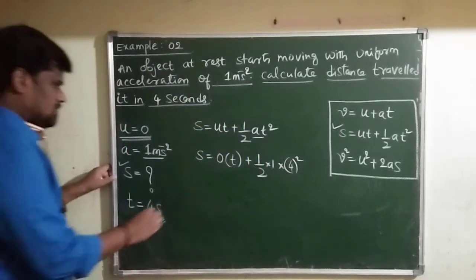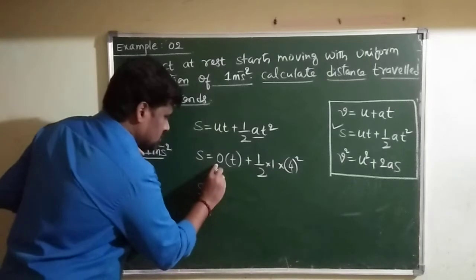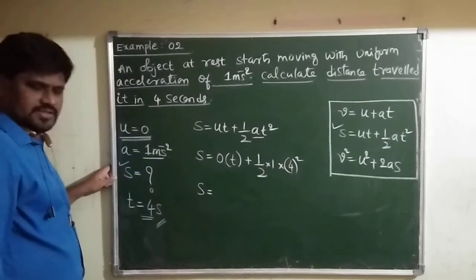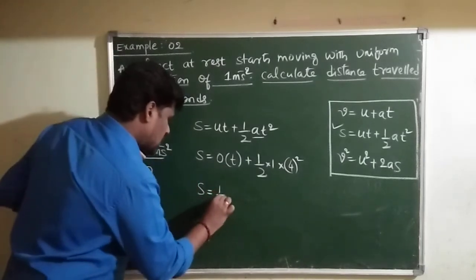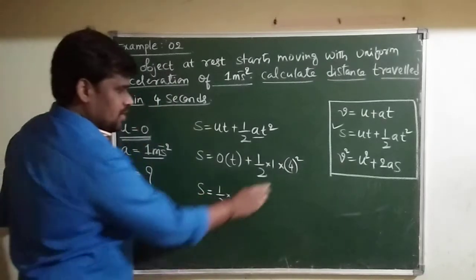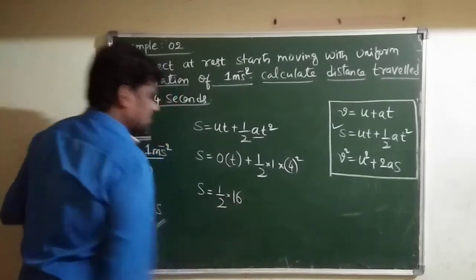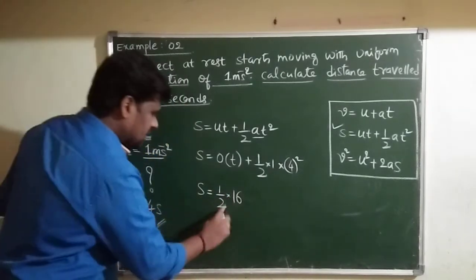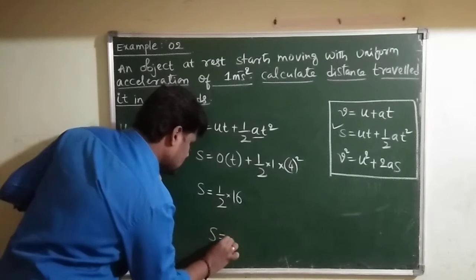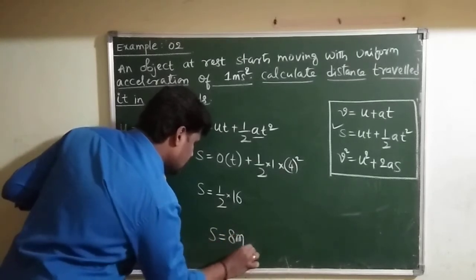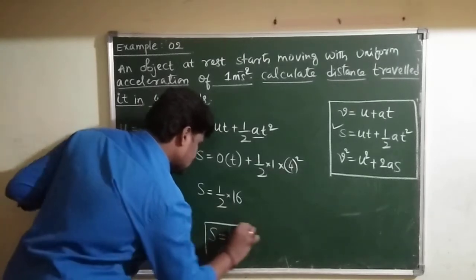Then S is equal to 0 into T, which is 0, plus half multiplied by 4 square. What is 4 square? That is 16. So 16 divided by 2 is 8 meter.